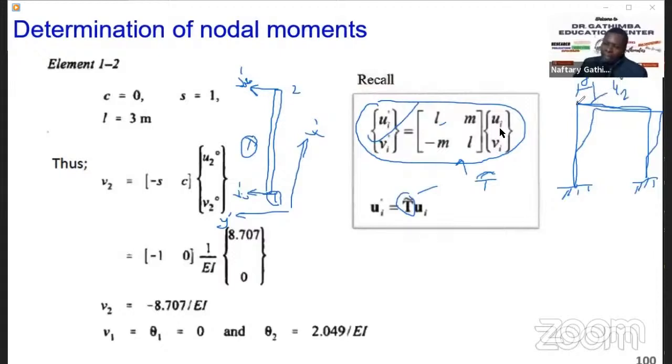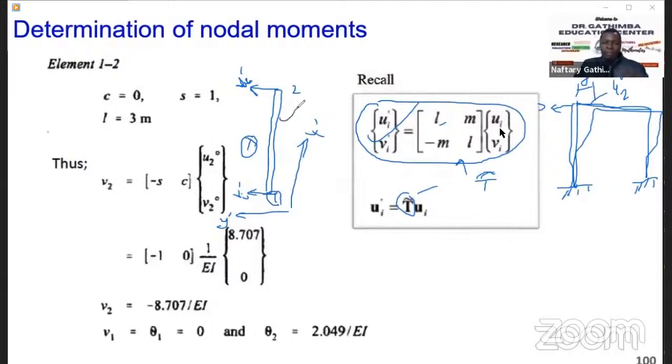It is the same as, if we take this element and consider this to be V, because this becomes the vertical displacement at this node for this element. So U2 global is the same as V2 local. Digest that.